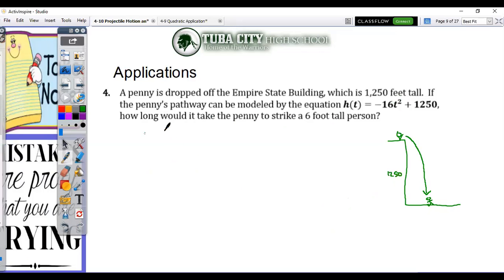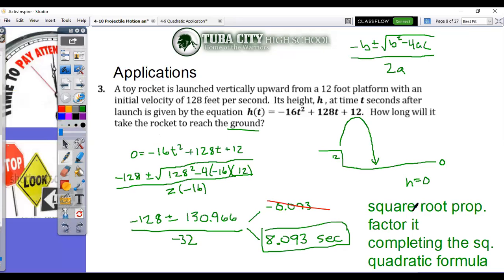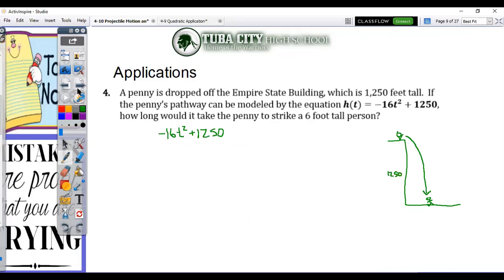Okay, so let's go ahead and start with our equation: negative 16t squared plus 1250. Now, looking back at our methods, because we have various methods available to us, square root property is the first one. This one is a very good candidate for square root property because it does not have a b value.